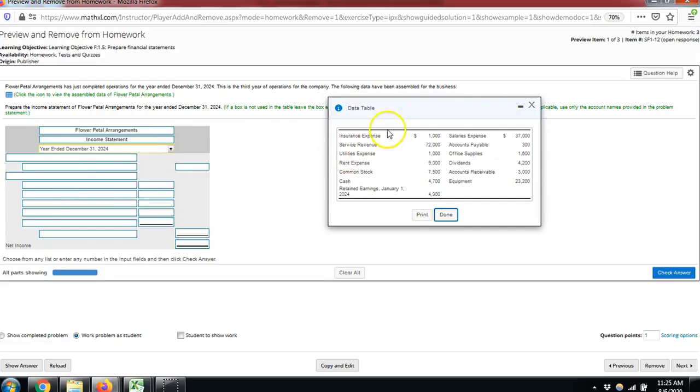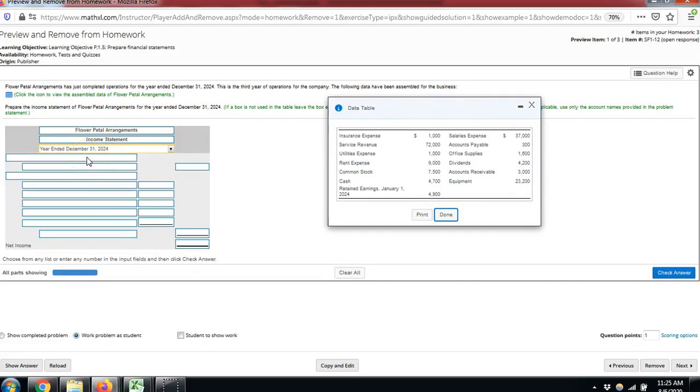Some of these are revenues, some are expenses, some are assets such as cash, and some are liabilities like accounts payable. So we have to separate the revenue and expense accounts, and those will be the ones we include in the income statement.